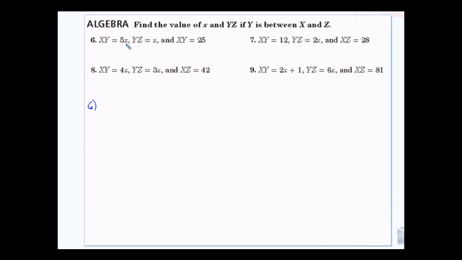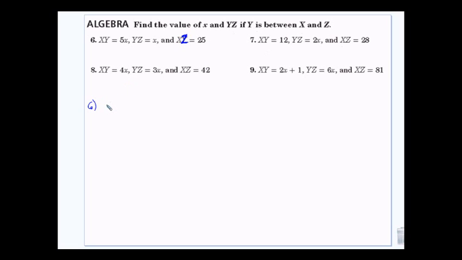Okay, so we have XY is 5x, YZ is x, and XZ is 25. Oh, this one has a typo. This should be XZ. We're going to try to find the value of x and YZ.